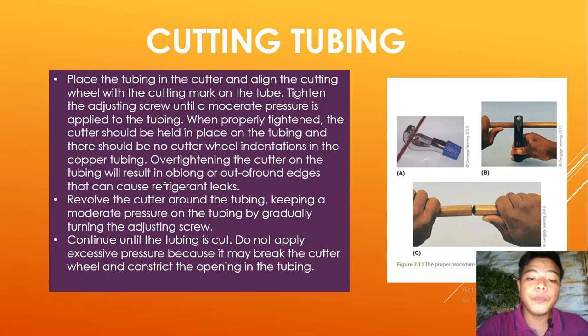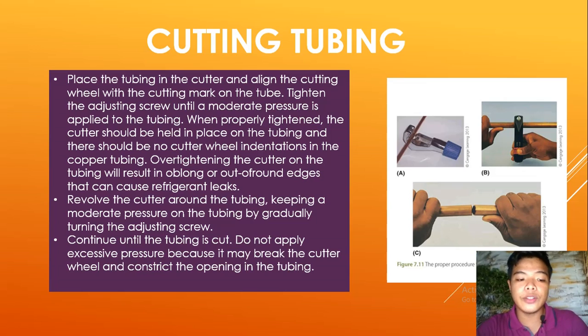When properly tightened, the cutter should be held in place, and there should be no cutter wheel indentions in the copper tubing. Over tightening the cutter on the tubing will result in oblong or out of round edges that can cause refrigerant leaks.